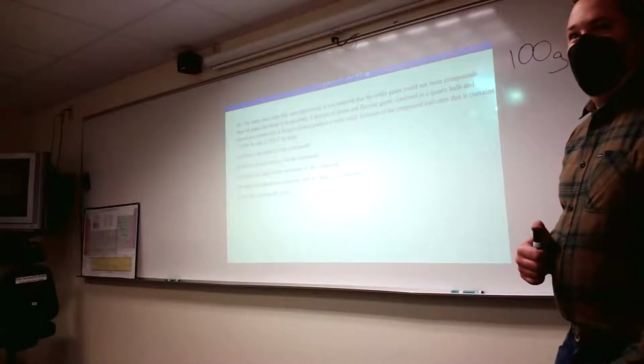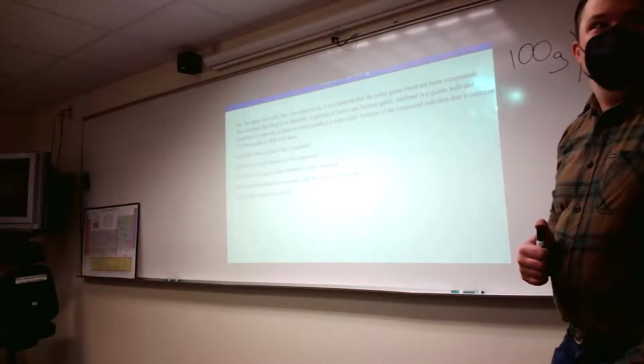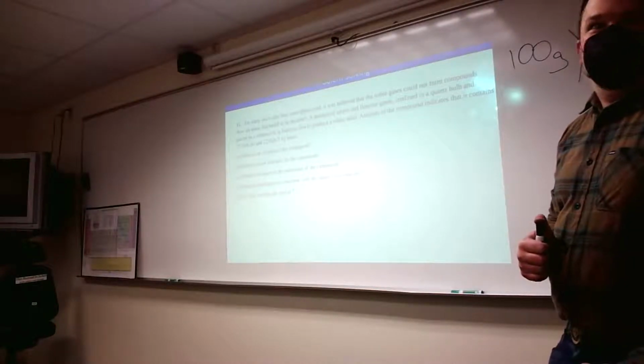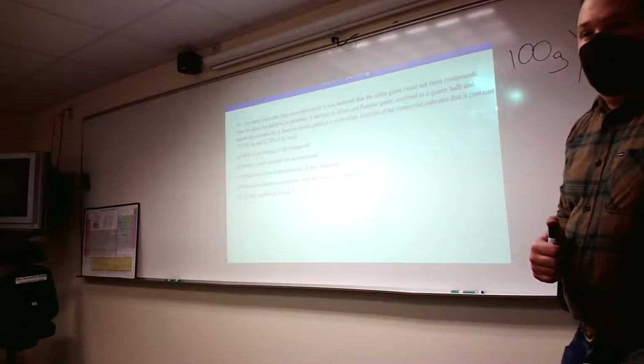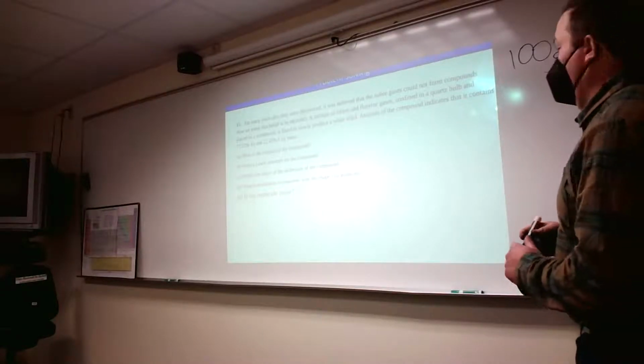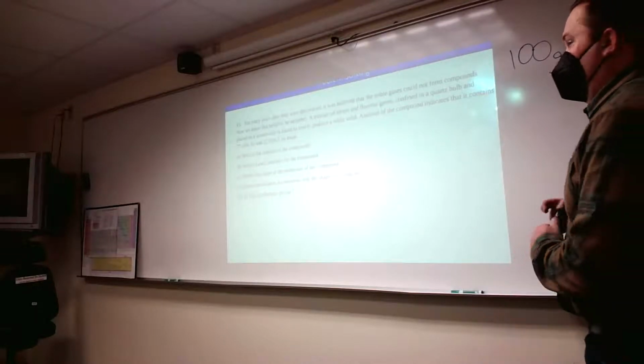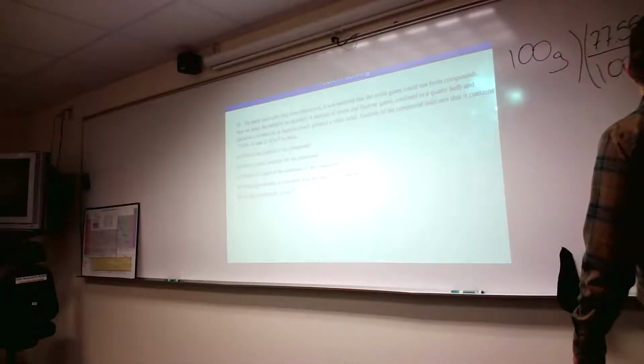What would we use on the periodic table? How do we convert from grams into moles? AMUs, atomic mass. Go to your periodic table, find the atomic mass of xenon, which is grams per mole, right? For xenon, 131.3.